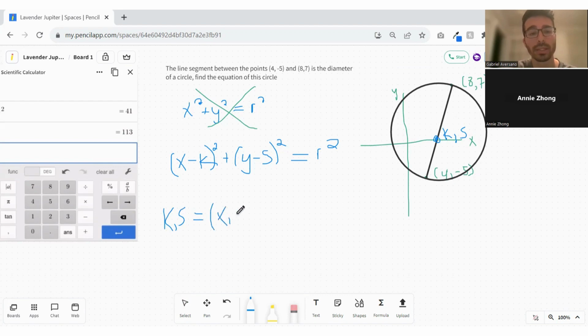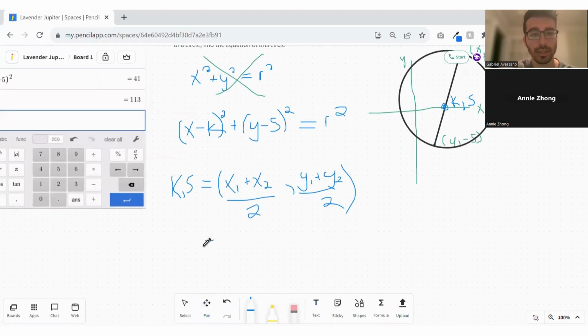The midpoint formula is the sum of the x coordinates of the two points divided by 2, so basically the average. And same thing with the y coordinates, where x1, y1 is one point, and x2, y2 is another.